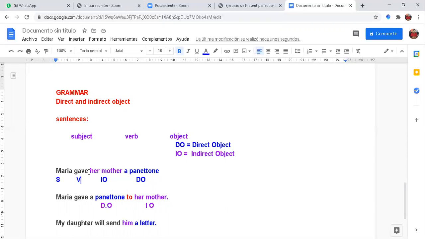In this case, the object has an indirect object and a direct object. Generally, the indirect object comes first, and generally it's a person. After that is the direct object.